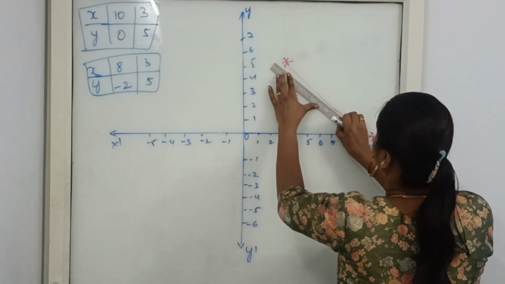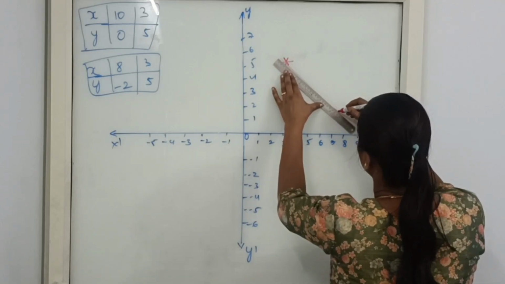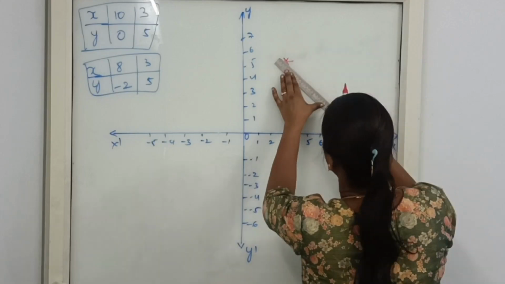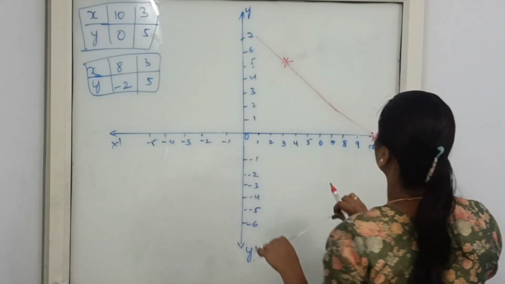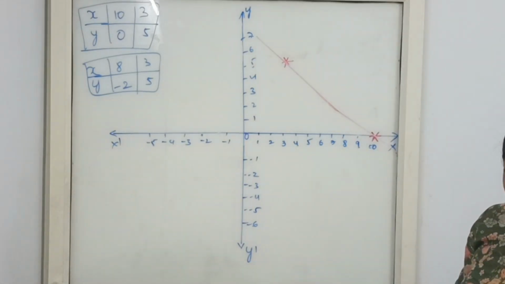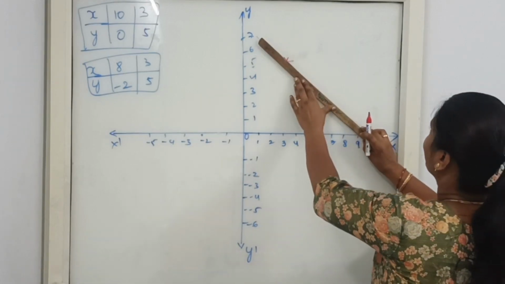It should come as a straight line here. The scale is the only problem. Okay, it should come as a straight line. So can I use my stick?